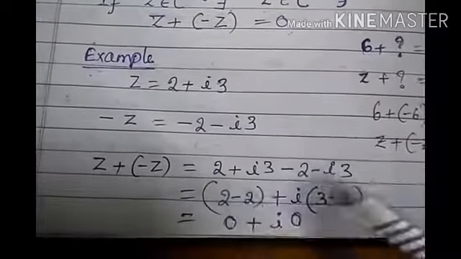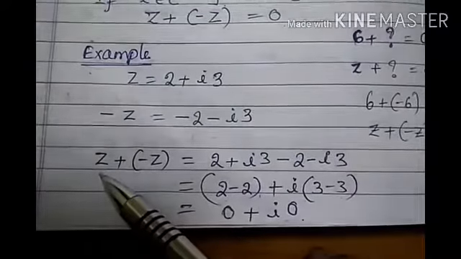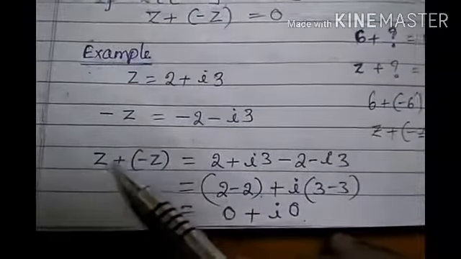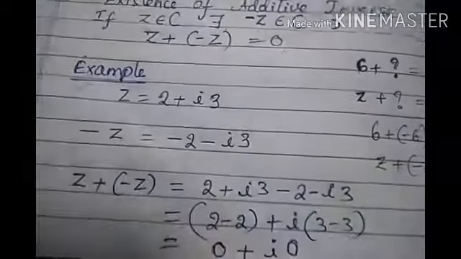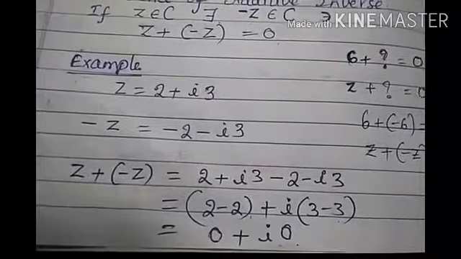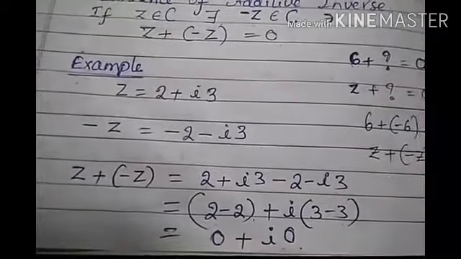Therefore, this minus z is called additive inverse of z. For any z, there exists minus z in the complex number system. This is about properties of complex numbers. Okay, thank you.